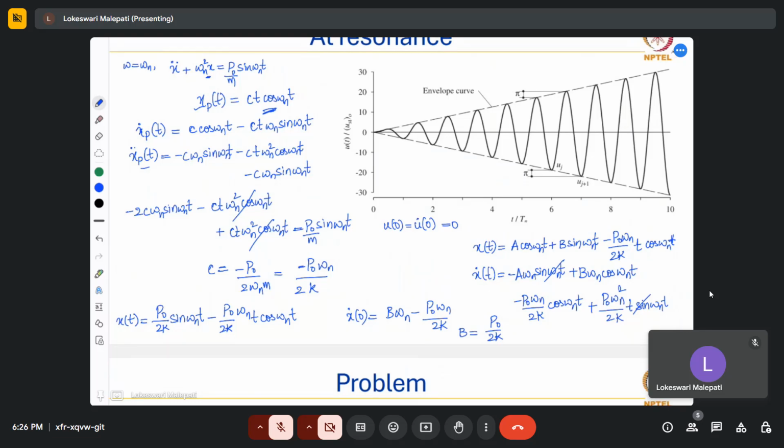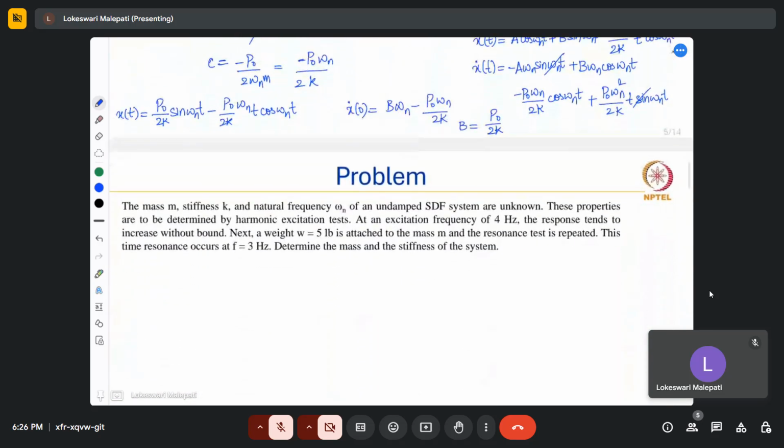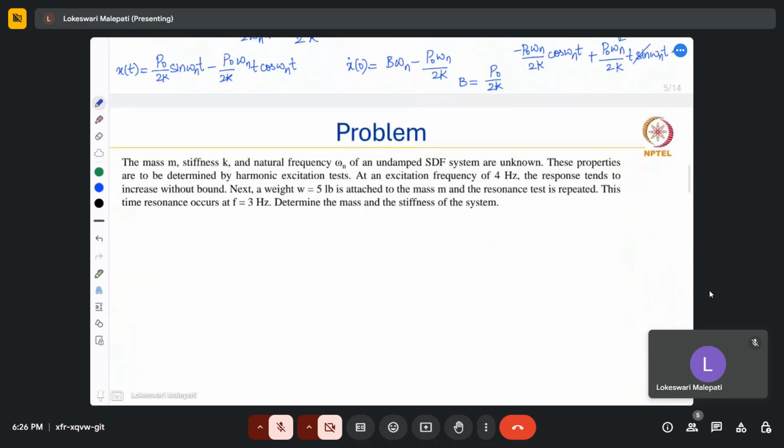So if we do that, okay, let me write down in the next page. So we can take p naught by 2k as common, and we will have sin omega nt minus omega nt cos omega nt.